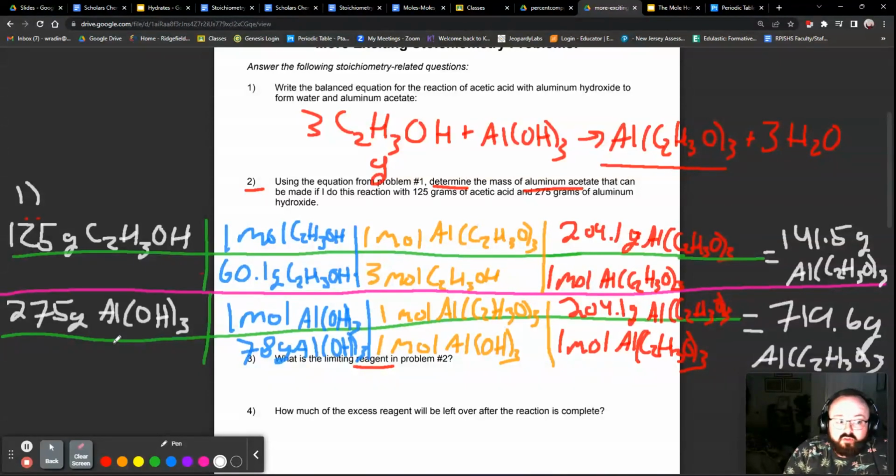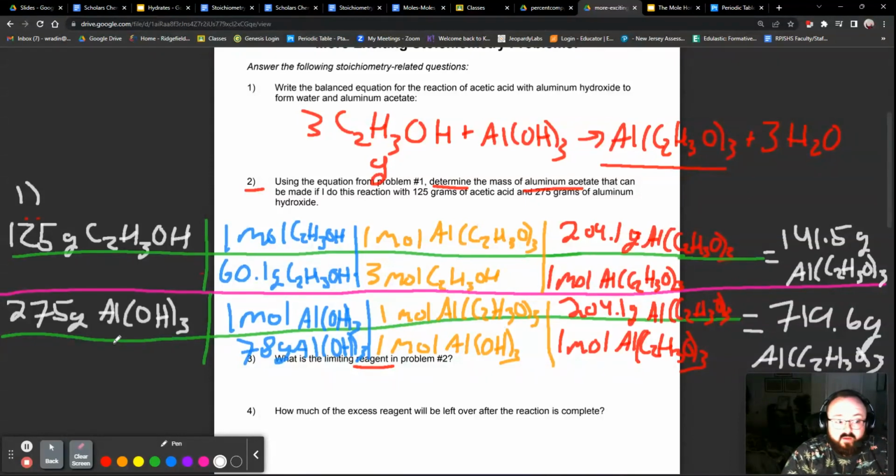If I started with 125 grams of acetic acid, C2H3OH, and 275 grams of aluminum hydroxide, Al(OH)3, these are the two amounts that I would end up with. I would end up producing either 141.5 grams of aluminum acetate, Al(C2H3O)3, or 719.6 grams. Now, the 719, that's like my 2 million eggs. It'd be great if I could get there, but I'm not going to get there.